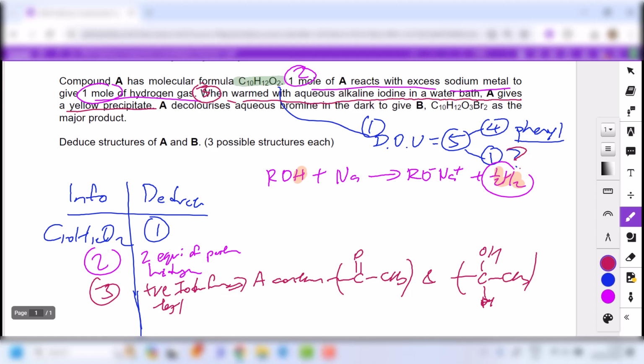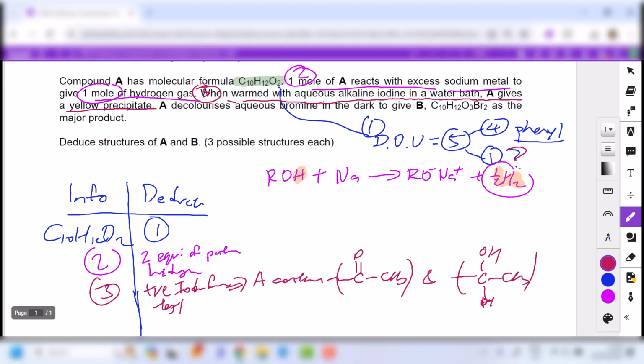If one of the oxygens is taken as a ketone, then it is not possible for the other OH to give you 1 mole of hydrogen gas, because you only end up with half mole of hydrogen gas. So in this case, I don't want to say 100% sure, but you can be really 99% sure that it's likely to be the methyl alcohol. So you don't need to write either or.